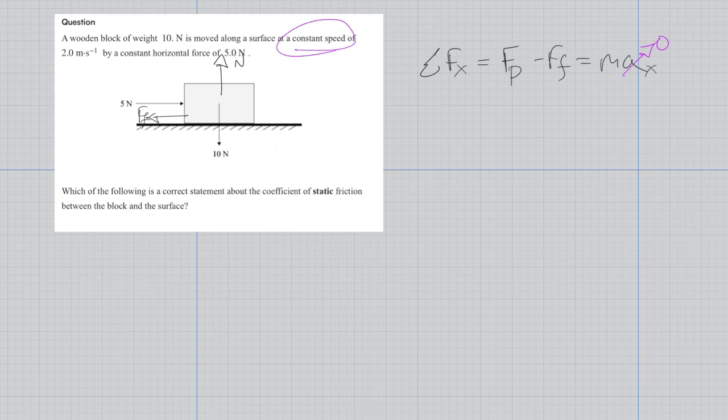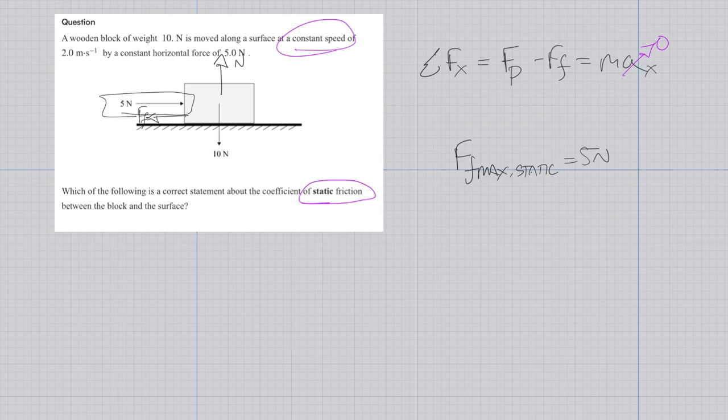Now this question can be tricky because it's asking for static friction. And static friction is occurring before the object is actually moving. So let's just think about if this is as big of a force as I'm going to be able to push on it, my force of friction maximum of static is only going to be 5 newtons.